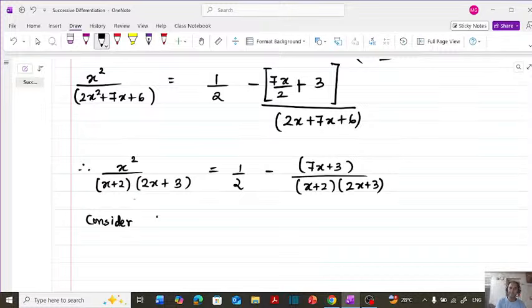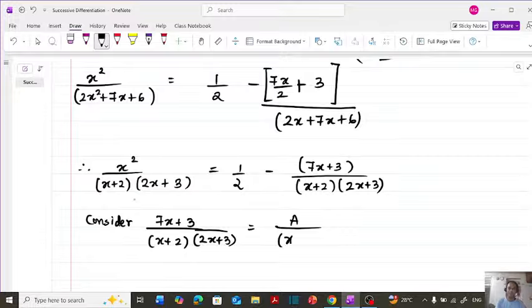So now you have 7x plus 3 over x plus 2 into 2x plus 3 as a over x plus 2 plus b over 2x plus 3. This is what it's going to be.